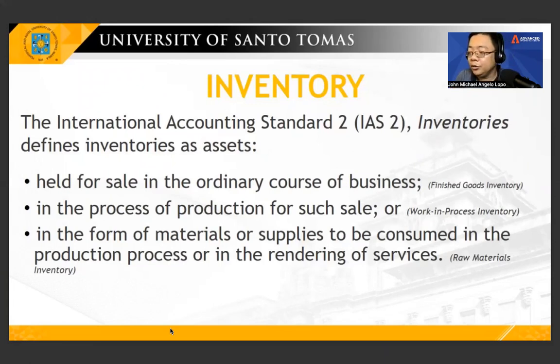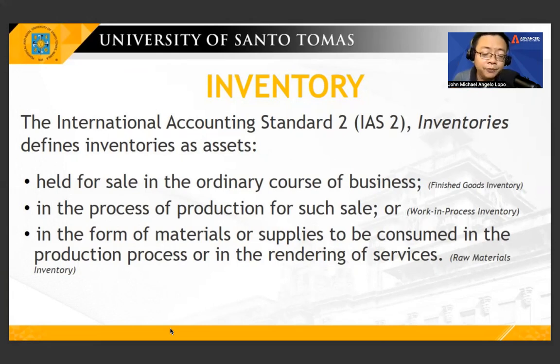Number 2, in the process of production for such sale, is basically work in process, meaning a partially completed product. You also have materials and supplies to be consumed in the production or in rendering of services, which is the raw materials inventory.